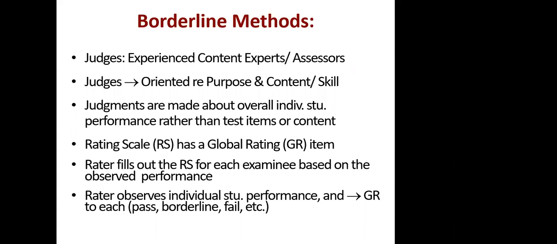Each examiner, for each student on each station, observes the student performing, scores the student, and at the end also grades the student as a clear fail, borderline, or clear pass. This is how it is done.